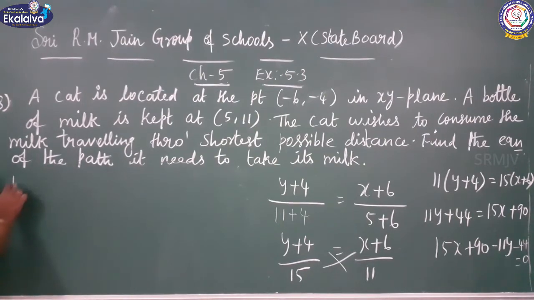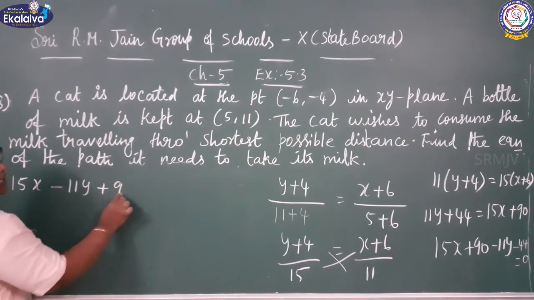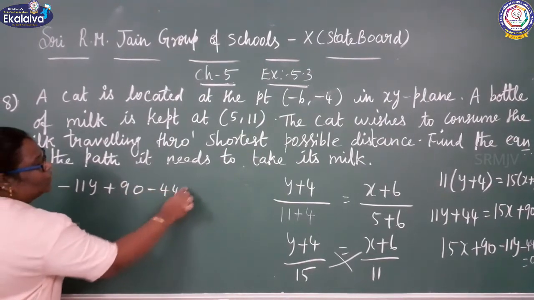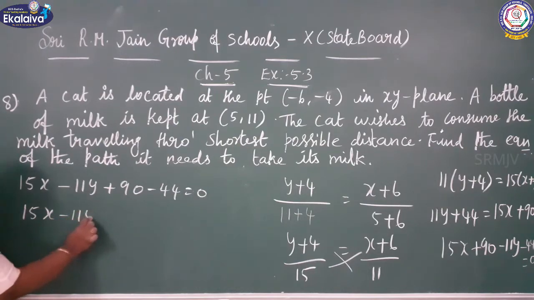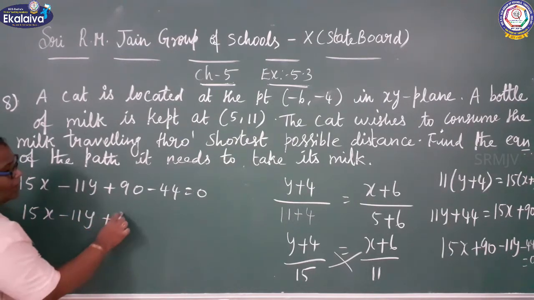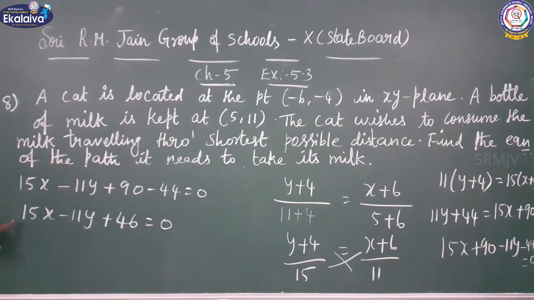See, 15x minus 11y plus 90 minus 44 equal to 0. So 15x minus 11y plus 46 equal to 0. This is the equation of the line.